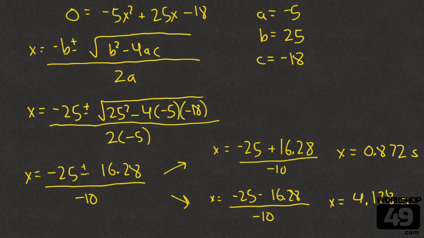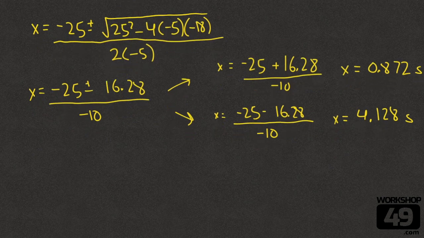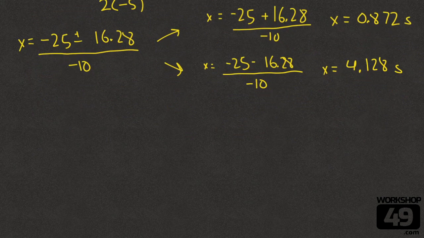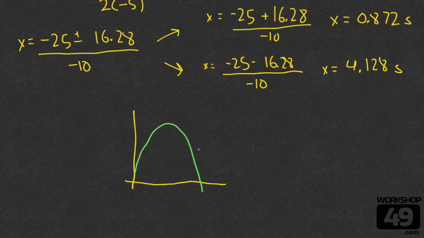In the last one we were able to cancel out one of these answers, but these both look positive. How do we know which one is the correct one? Well, if I scroll this up, we can see our two answers here, our 0.872 and our 4.128. They're actually both true, because if I again draw a quick little sketch of what this could look like, we knew that our highest point was 33.25 meters.